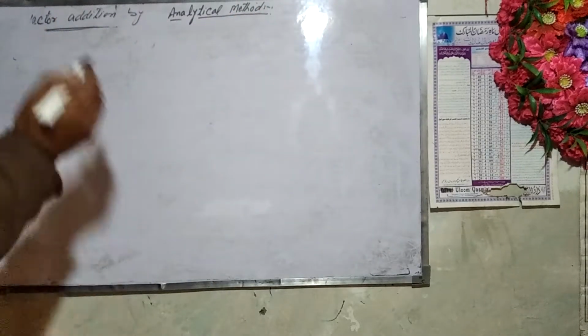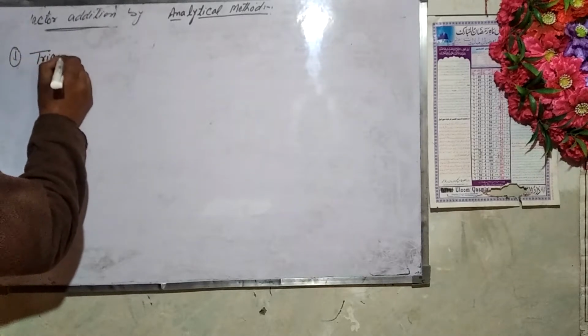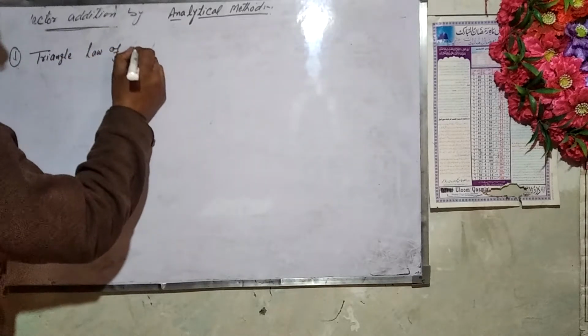By analytical method, first rule is triangle law of vectors.